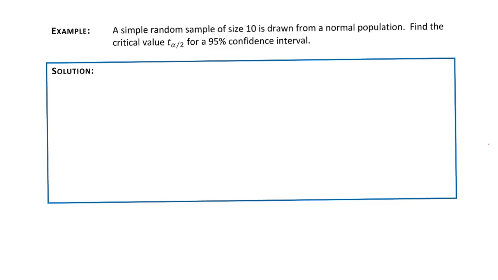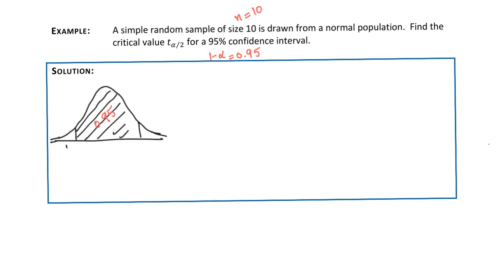In this example, we want to find a critical value for a 95% confidence level. Sample size is given, that is 10. First draw the Student t curve. So this is 95%. The remaining area, these two, will be 5%. Then the area on the right side of the Student t distribution is 5% divided by 2, because these two areas are equal.